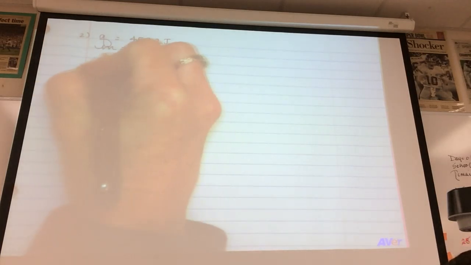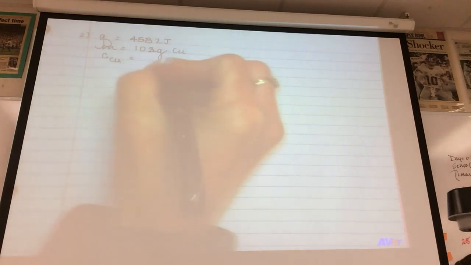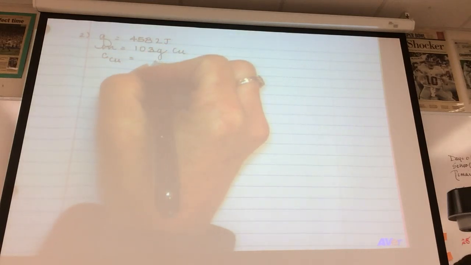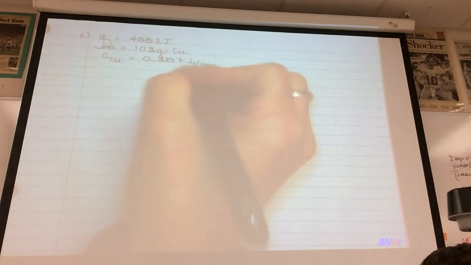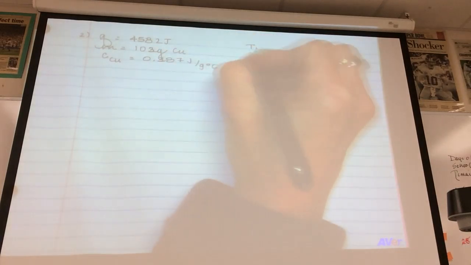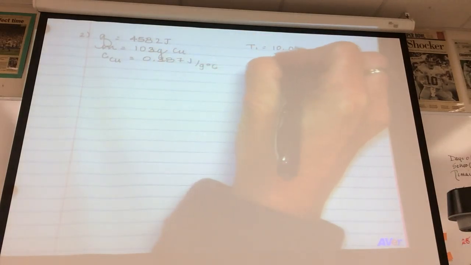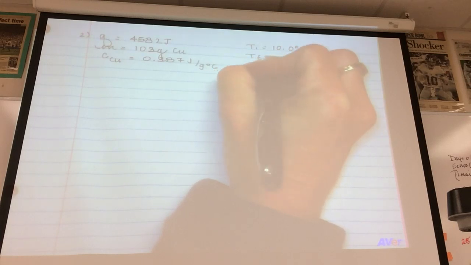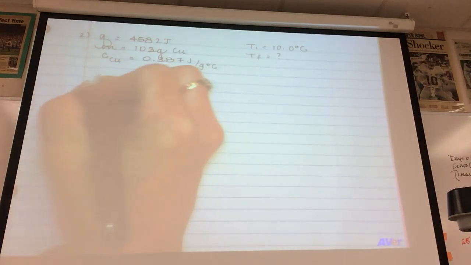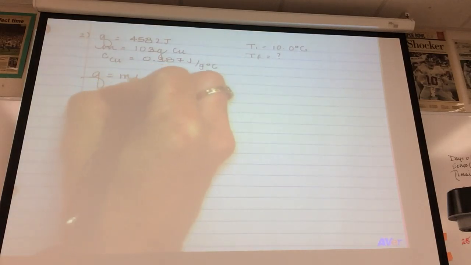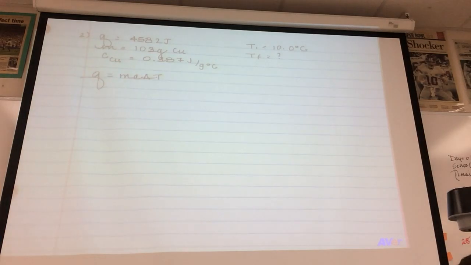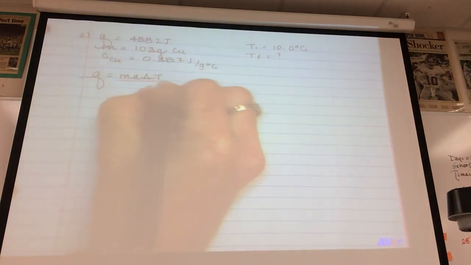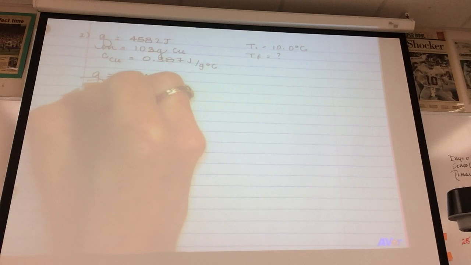What is the specific heat of copper? 0.387 joules per gram degrees Celsius. My initial temperature is 10 degrees Celsius, and I want to know my final temperature. My formula is Q is equal to mc delta T.